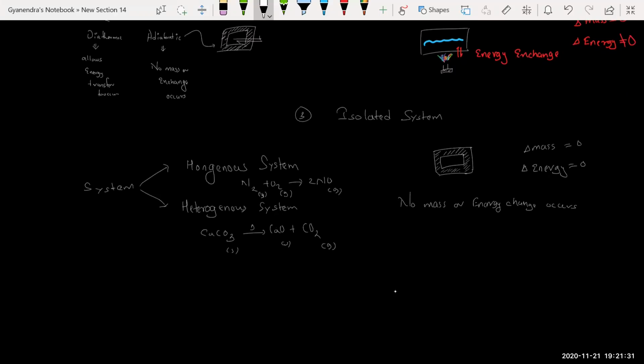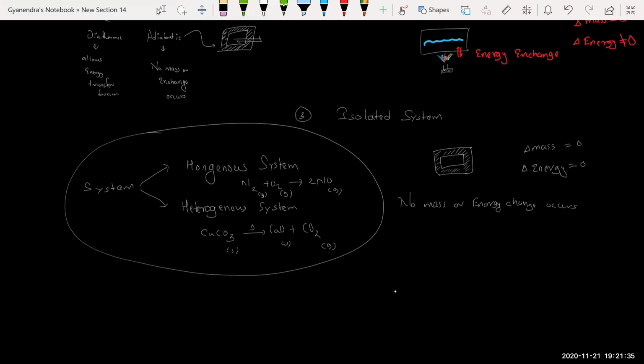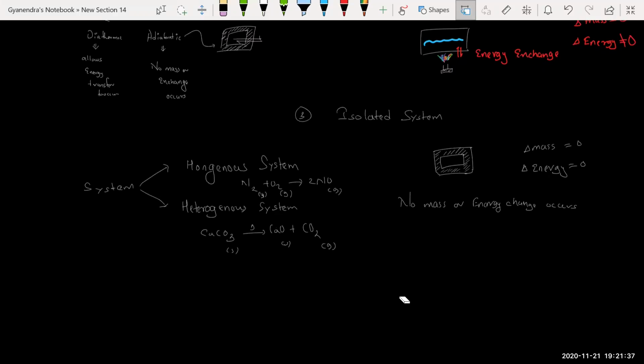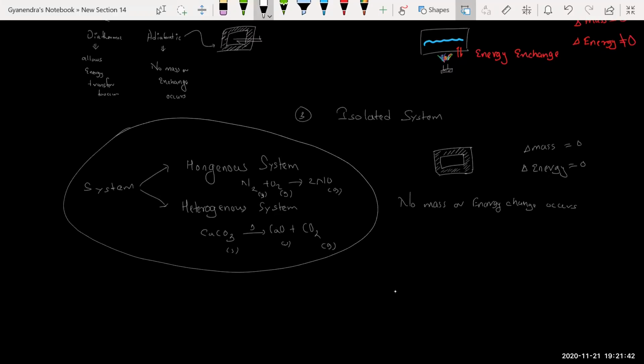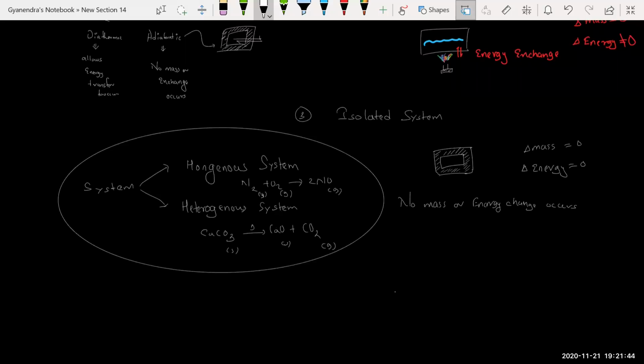When we learn about thermochemistry, this classification will be of more help for us. This classification is mainly based on the constituents, Dinesh. Sir, if all are in the same phase, then it's homogeneous. Exactly. If they're in different phases, heterogeneous. Any doubt? No, sir.